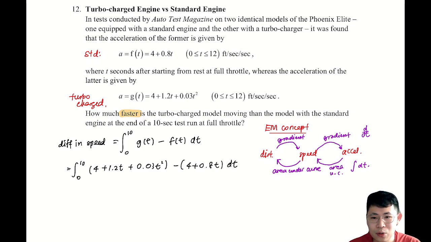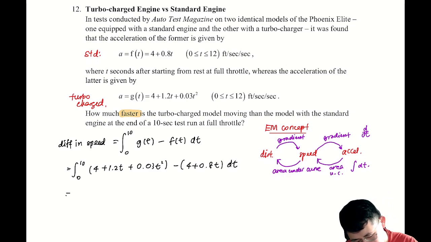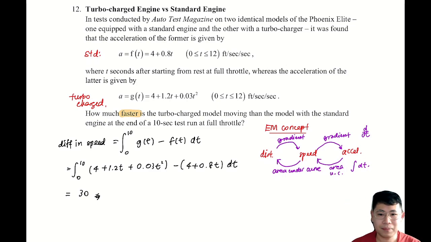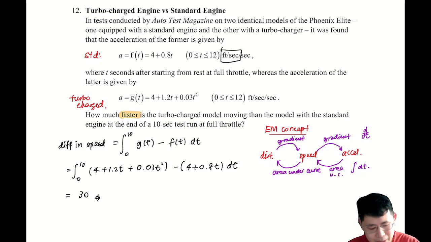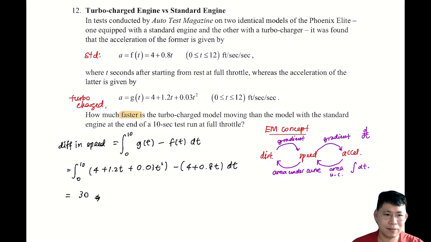Using your GC, you can just key it in, and this gives a value of 30. So the turbocharged model will be moving 30 feet per second faster than the standard model.